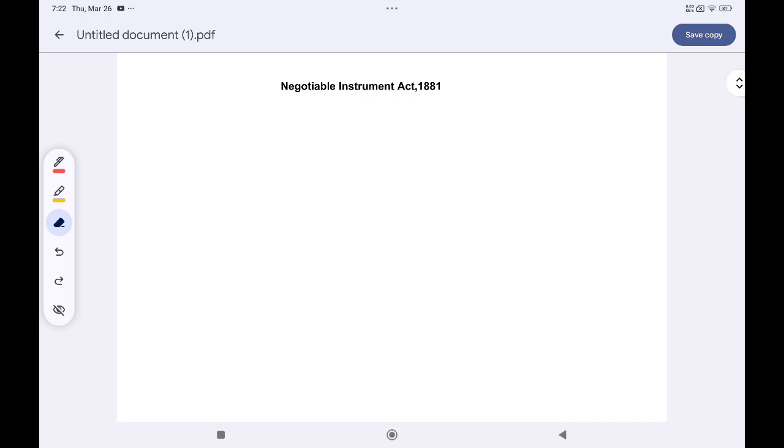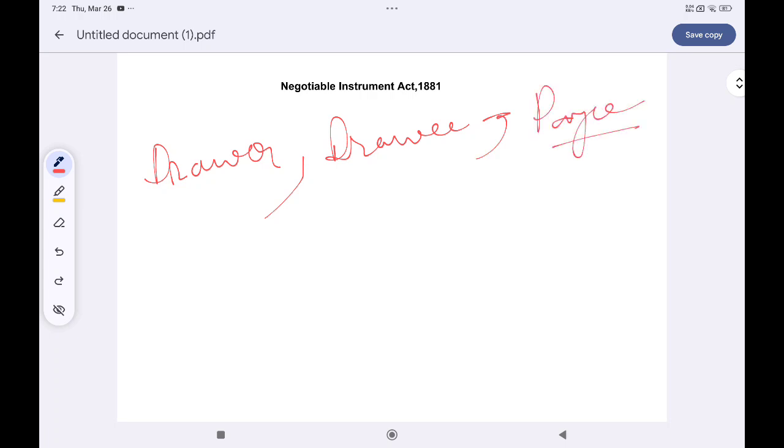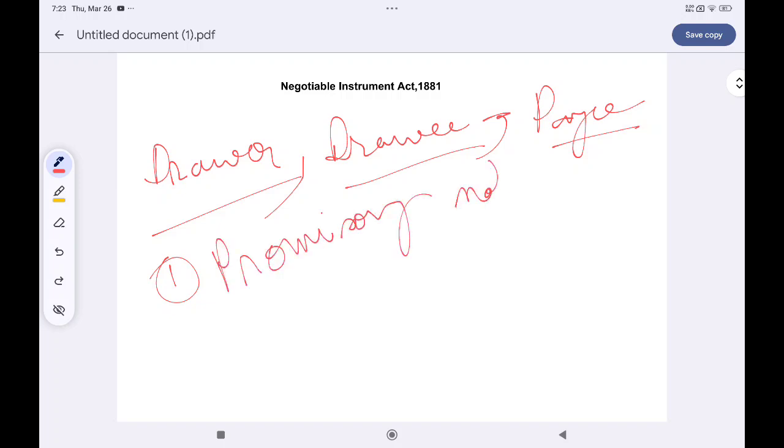There are three main definitions that you can find all over the world: one is drawer, one is drawee, and payee. Before understanding these three terms, we have to understand some other things also, like, for example, promissory note, and second, cheque.